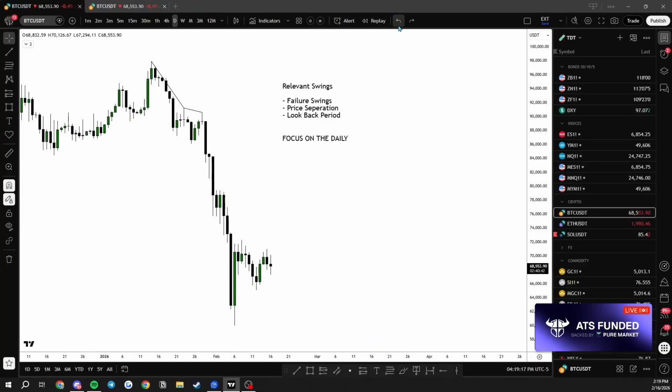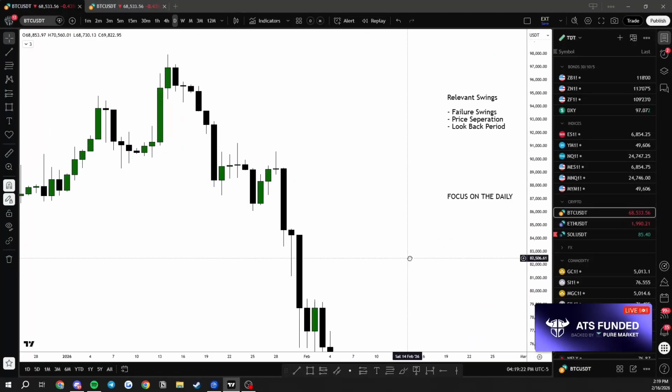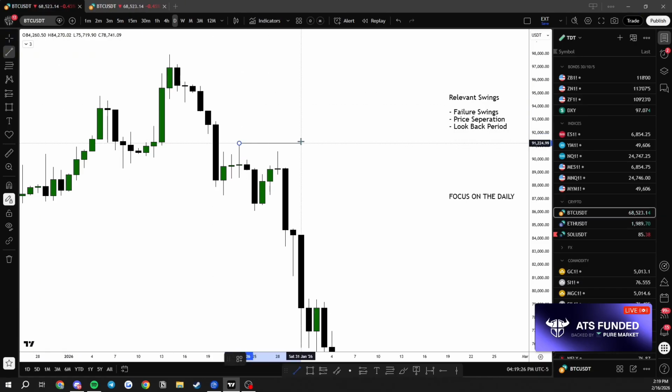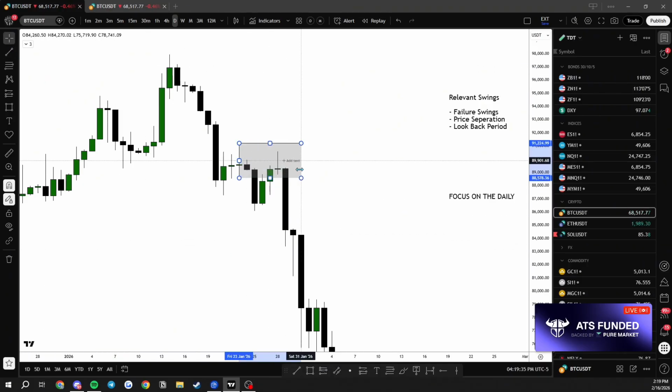Now, if we want to get a little bit more specific, let's take a look at this swing high, for example. I want you to notice that price digs back into that level, right? It goes back into the swing high and then it fails.